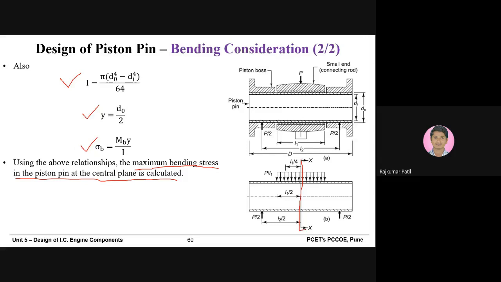Once you know the maximum bending stress, you can take that as the permissible bending stress, and for that you can select an appropriate material for the piston pin.